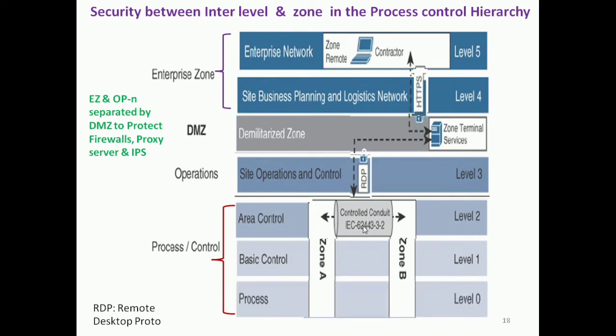And HTTP will establish a relation above the demilitarized zone to the enterprise zone. So IT exists at levels 4 and 5, and the levels below are dedicated to the IoT. Of course, levels 4 and 5 are shared between IT and IoT, and those are isolated by the demilitarized zone.